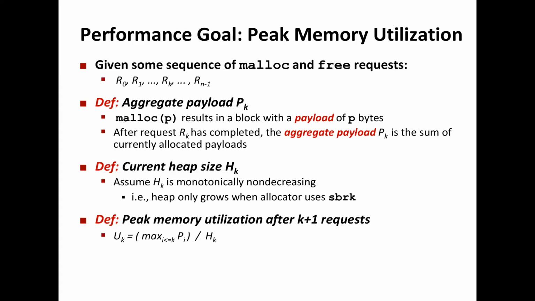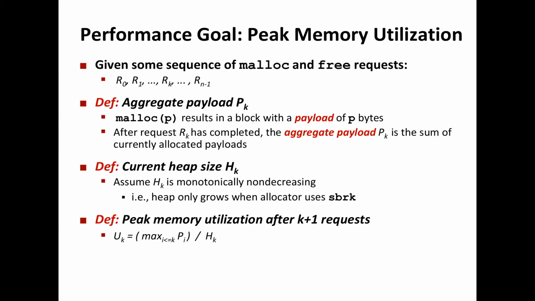So given a sequence of malloc and free requests, R0, R1, Rk, and so on, again, we don't care which request it is. It can be malloc or free, we count both, right? So let's define an aggregate payload. What is an aggregate payload?